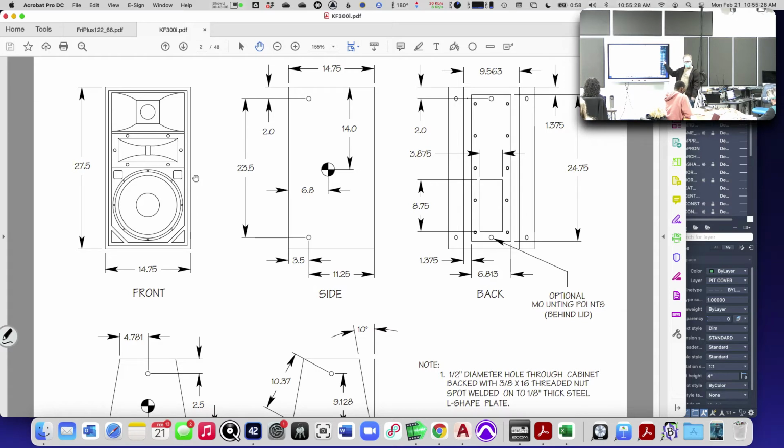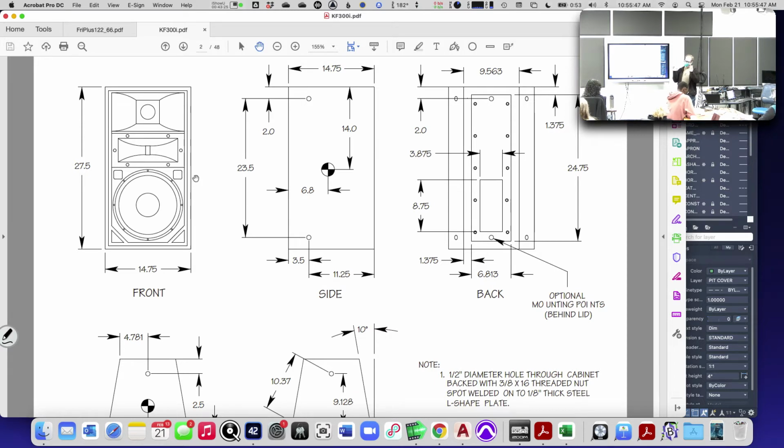There's actually two of them, and they're straddling a sub in the middle, an EAW SB330 subwoofer. There's nothing particularly special about that subwoofer, other than it's just a couple of big drivers in it.